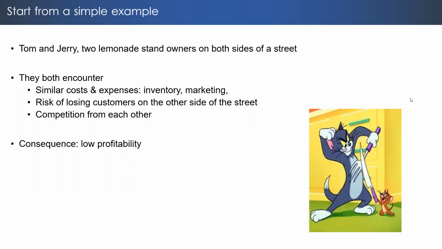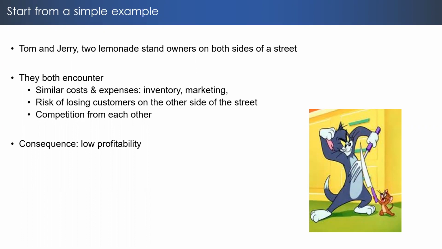Let's start from a very simple example to illustrate why firms arise. Let's say we have two guys, Tom and Jerry, two lemonade stand owners on both sides of the street. Tom is on the east side of the street, and Jerry is on the west side. They each own one side of the street, and they sell lemonades to make money for themselves.